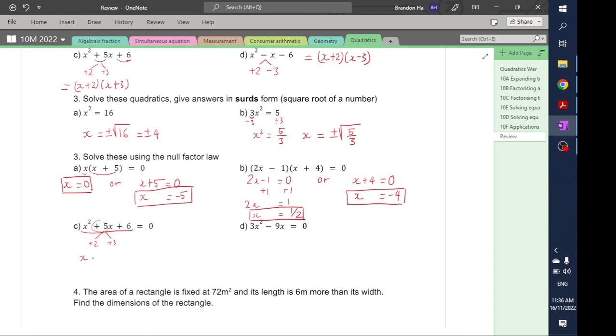So we get x plus 2 times x plus 3 equals 0. And then x plus 2 equals 0 or x plus 3 equals 0. So we get x equals negative 2 or x equals negative 3. Okay, that's our two answers. Circle them.